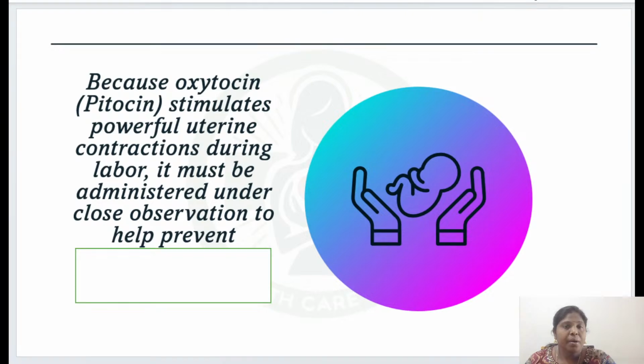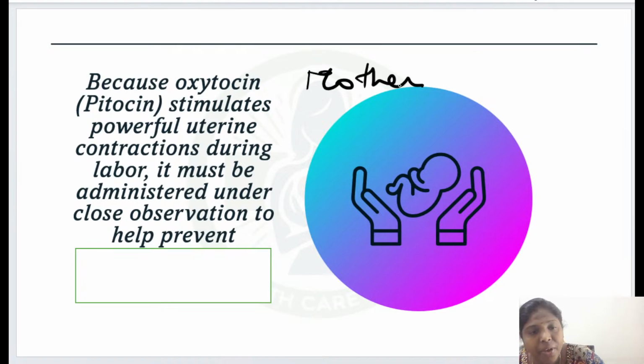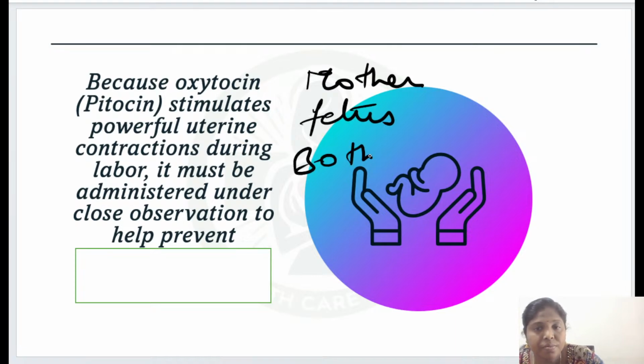Okay. Because oxytocin stimulates powerful uterine contractions during labor, it must be administered under close observation to help prevent complications for whom? Whether for the mother or for the fetus or for both.